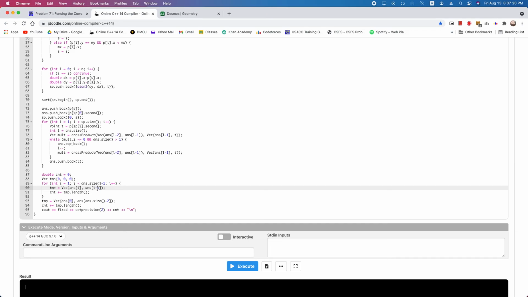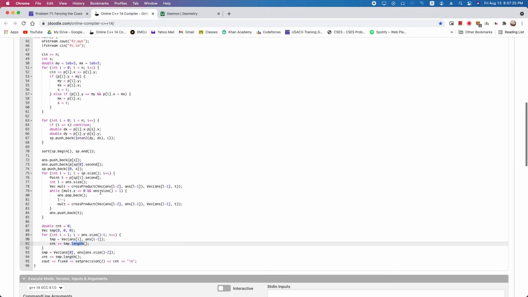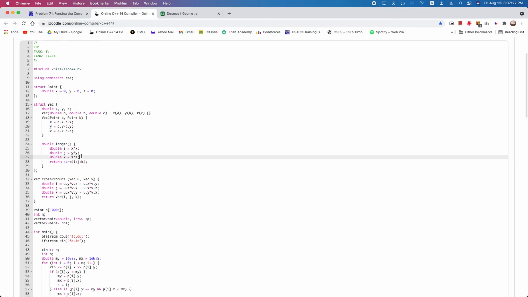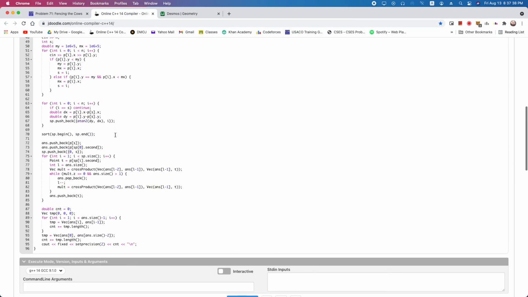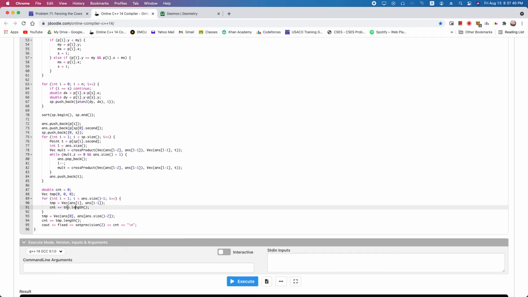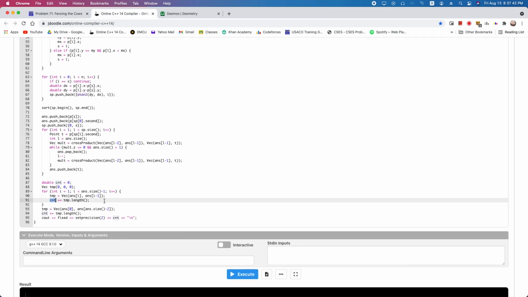So we'll get the vector for those 2 points, and then just get the length of that. To get the length, we'll just do the square root of each of these different magnitudes squared added together. And this is basically the same thing as the Pythagorean theorem. Just getting the length and adding that to our count.